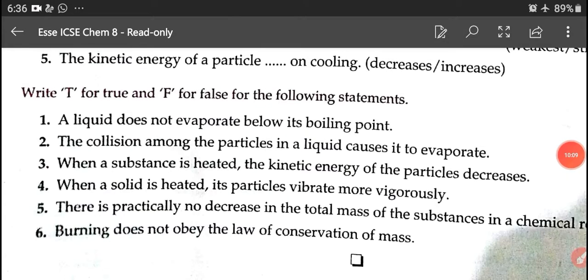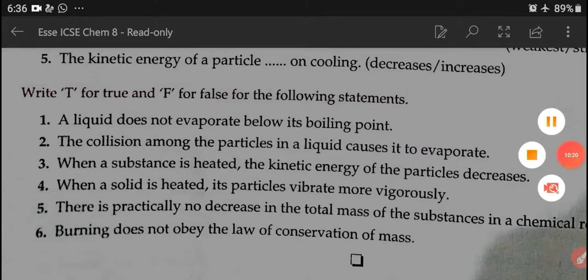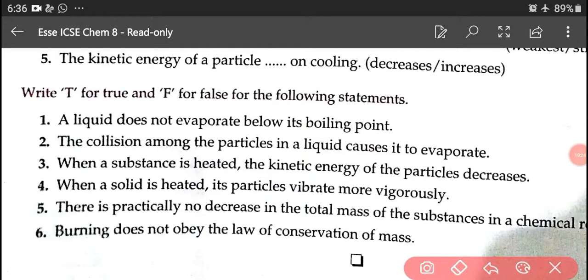Now we will discuss true or false part. First question is, a liquid does not evaporate below its boiling point. Answer is false.